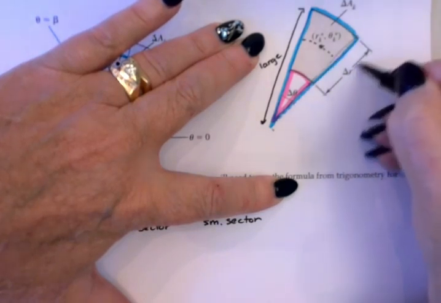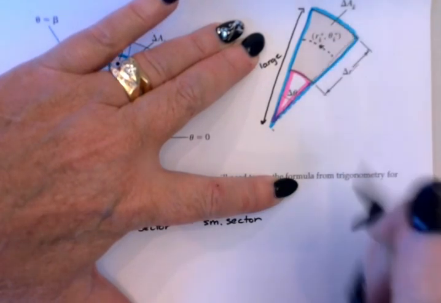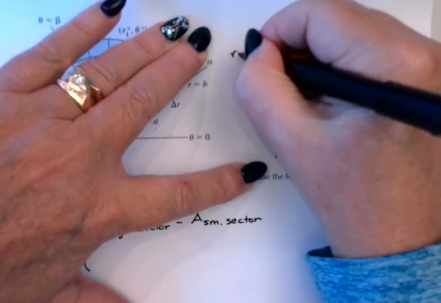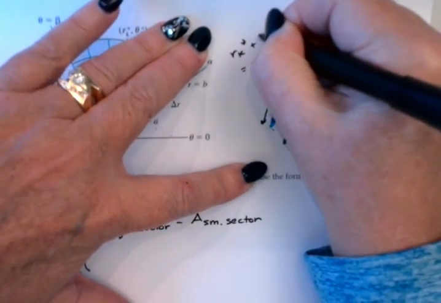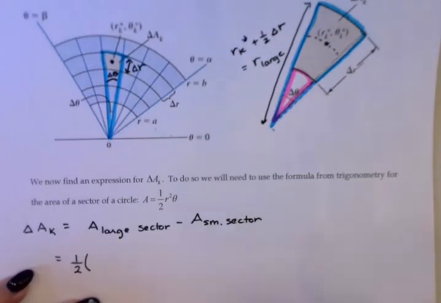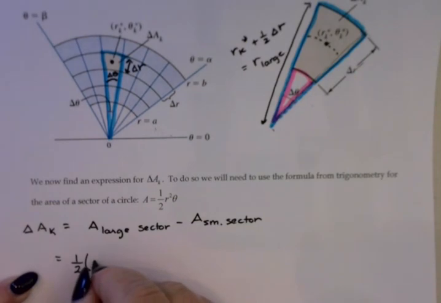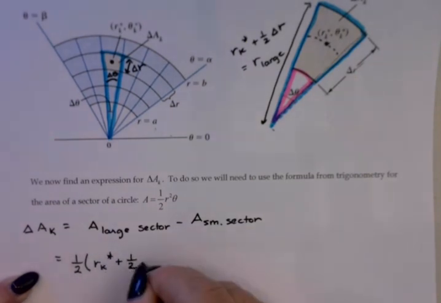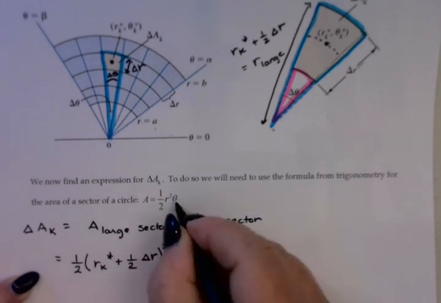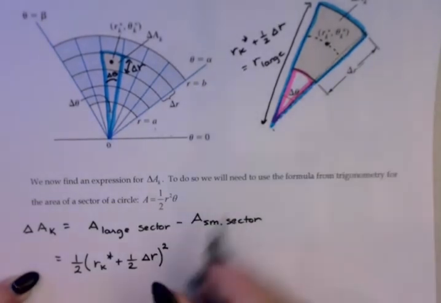And I've got 1/2 of that delta r that it has to go further out. So this is going to be r k star plus 1/2 delta r. And that's what I'm going to put in for this radius. That gets squared, and then times the angle, which is our delta theta.